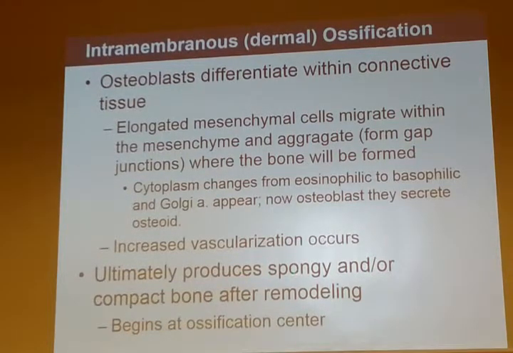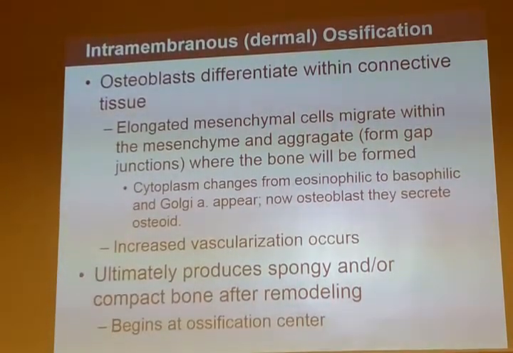So it will end up looking spongy or compact. And when you look at the bone in a skeleton, you cut it and look at it, it looks exactly the same inside, whether it started in membrane or it started in cartilage.